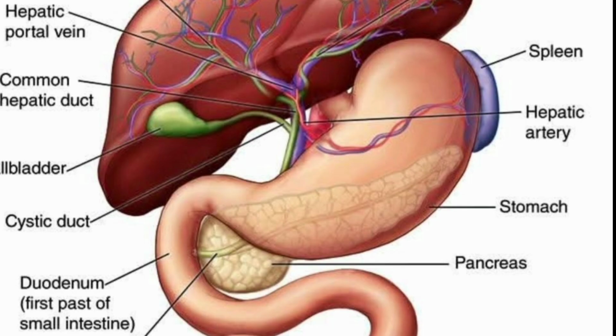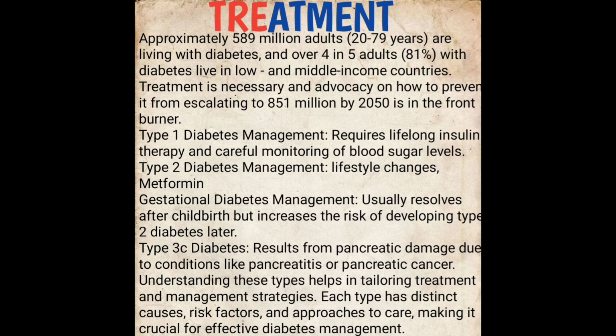The type 3C diabetes results from pancreatic damage. So they advise, especially about alcohol, that people who take too much alcohol could damage their pancreas, just like they damage their livers. So these are what could result in diabetes for people like that.